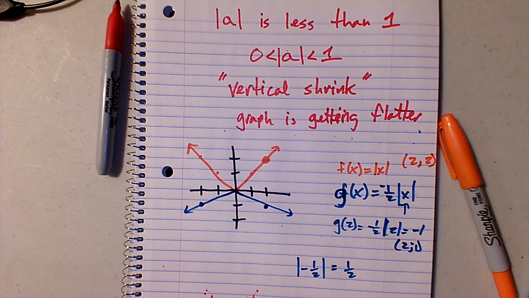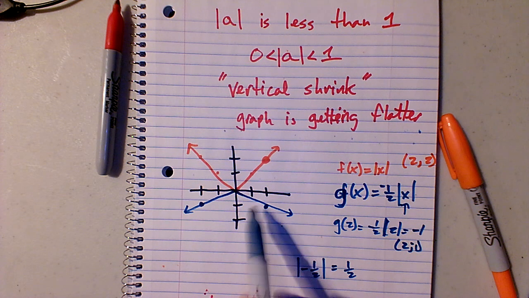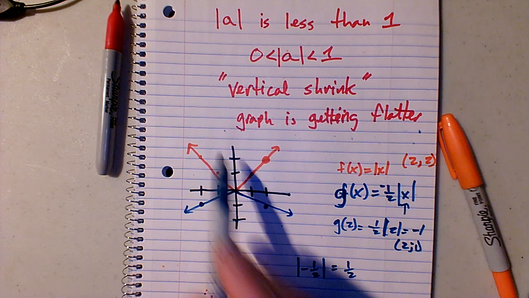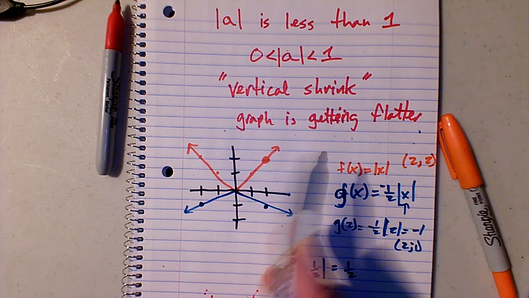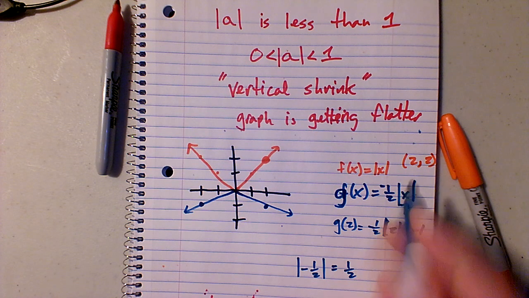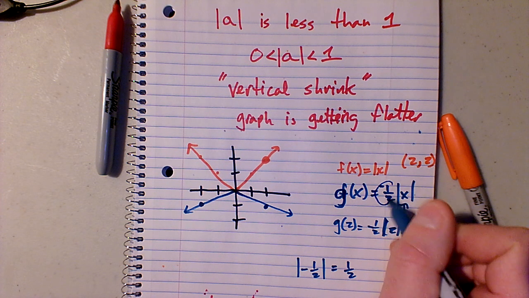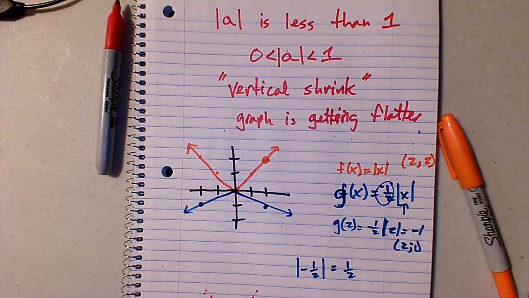This line below, the one that's opening down, is flatter, less steep, than the orange line on top. So, since I have a coefficient whose magnitude is less than 1, just the size, we're not caring about the sign, my y values are going to be smaller at any given input than the original parent function. All right.